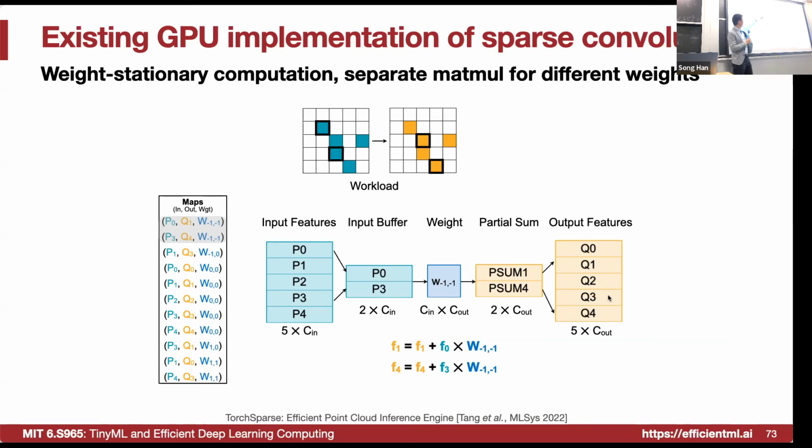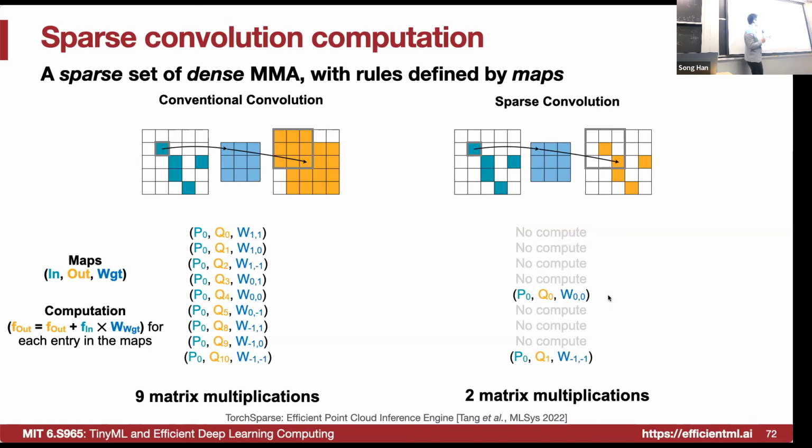Among these, we have 5 points in total, 5 by Cin. Actually, only 2 of them are going to interact with W-1,-1. Which is here, P0, which is going to contribute to Q1 by interacting with W-1,-1. And this is another pair, P3 and Q4.